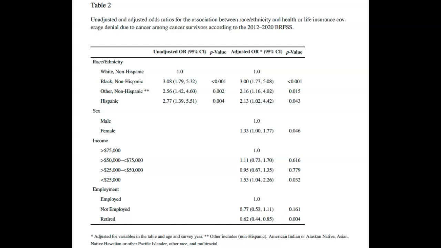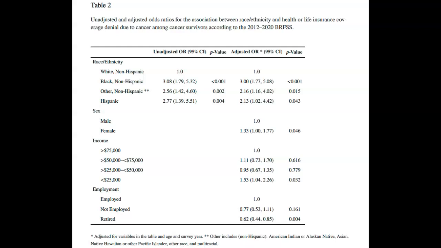It's actually somewhere around 30%. So based on those percent change calculations, I would conclude, yes, indeed, I do have confounding. Sex, income, employment, and survey year do confound the relationship between race, ethnicity, and health or life insurance denial.